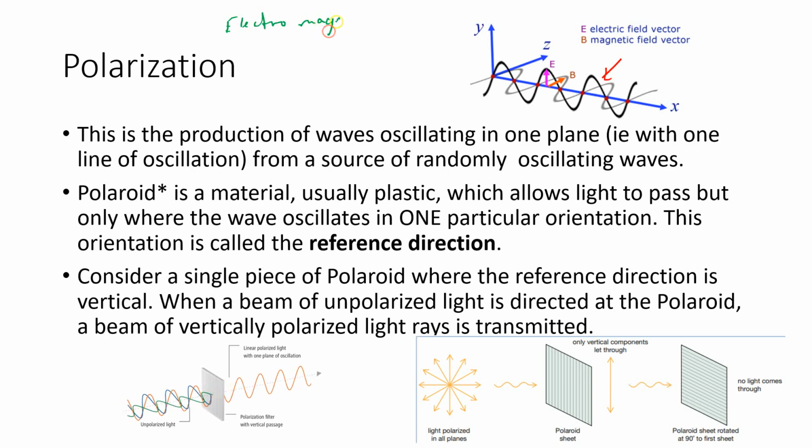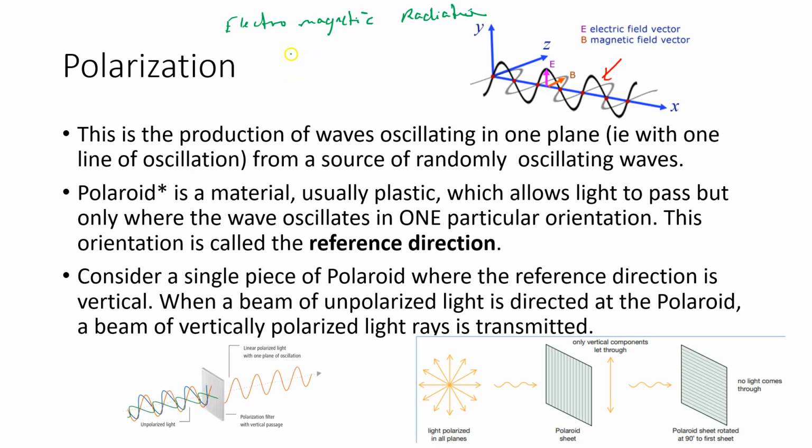As you can imagine, the two words right here, electro and magnetic, tell us that whenever we are looking at a light wave, or light as a whole, it is not only one thing that is oscillating. It's not just one wave that is oscillating. There are two waves oscillating, and maybe there are more.